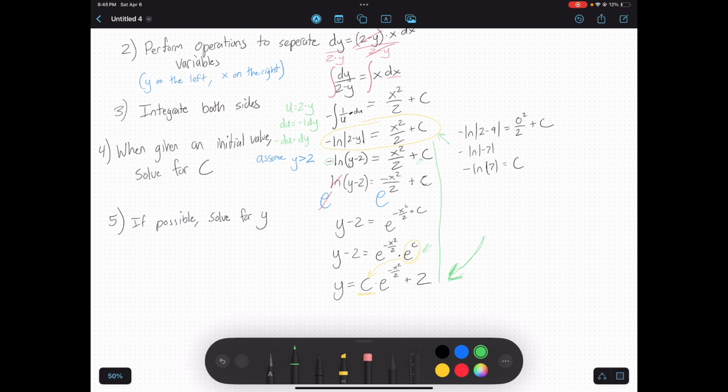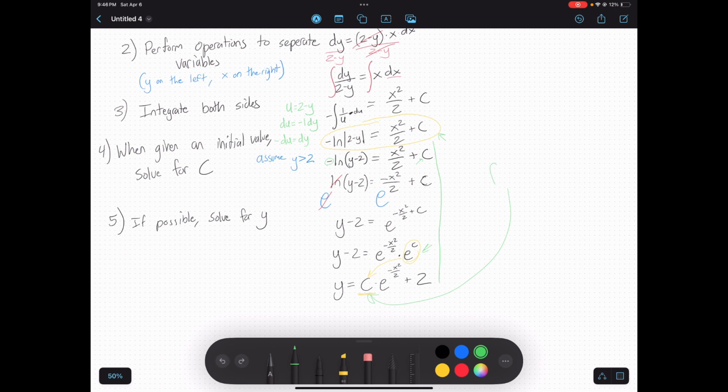Because if you did what we did, I'd solve for C and I might think, oh, yeah, I can go ahead and plug that in for C right here. But it doesn't work because we did so much to C throughout my solving process. So I have to choose one or the other. So because I already solved for y, let's scrap what we did there and plug my initial value in down here.